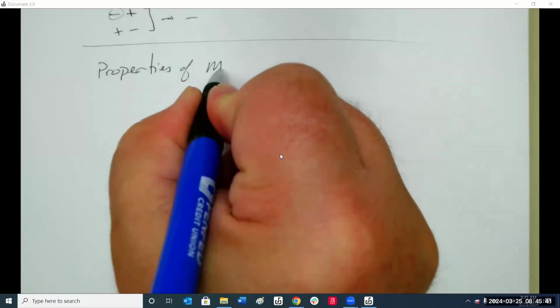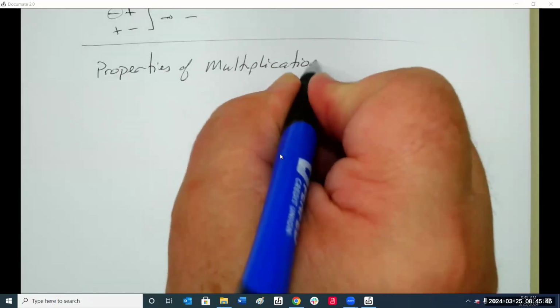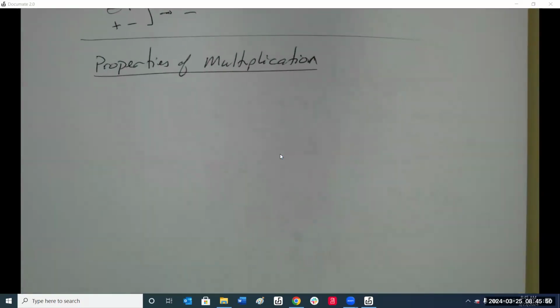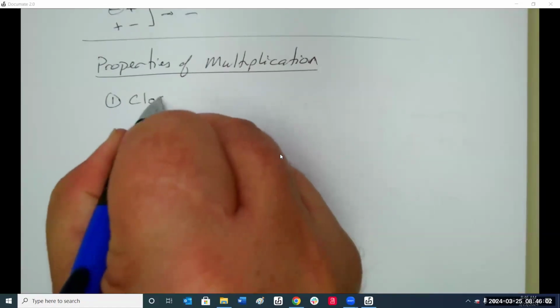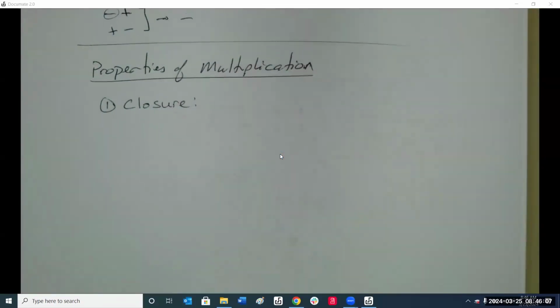Let's look at the properties. Remember what the properties were? We had 6 properties. Remember what the closure property was?